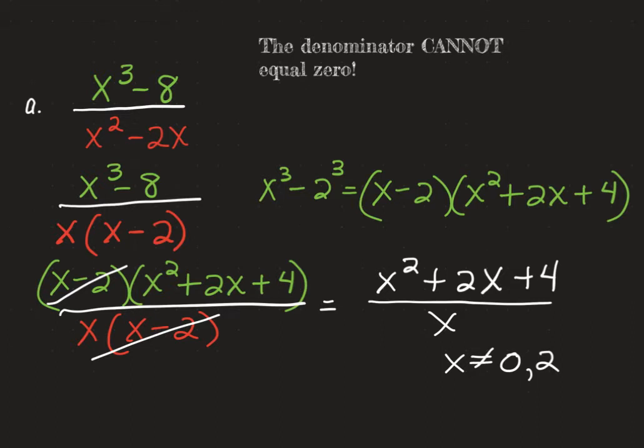Notice in its current form, it doesn't matter if this x in the denominator is 2. You can divide by 2. But this has to be completely equivalent to our original form, in which if we put a 2 in here, we'd get what? 4 minus 4 or 0. So we have to include this information for what x cannot be, either in the final form or in the original form. Time for another example.